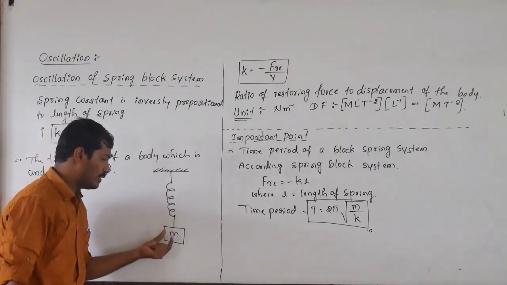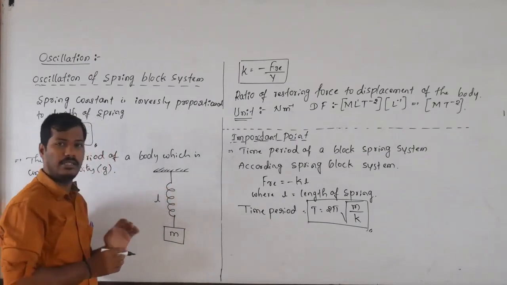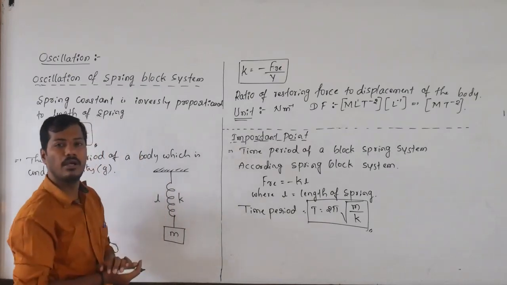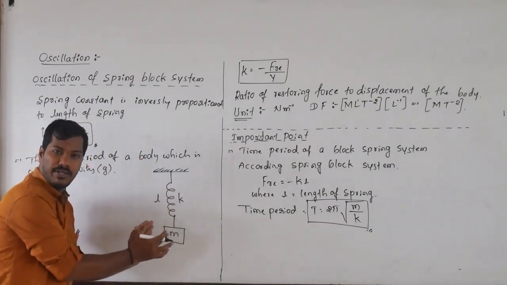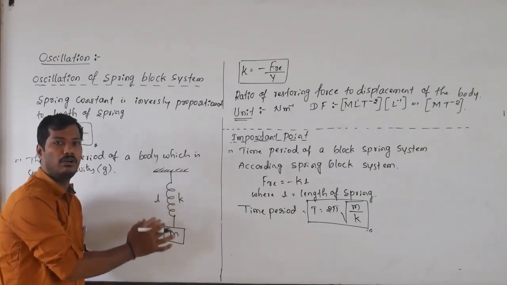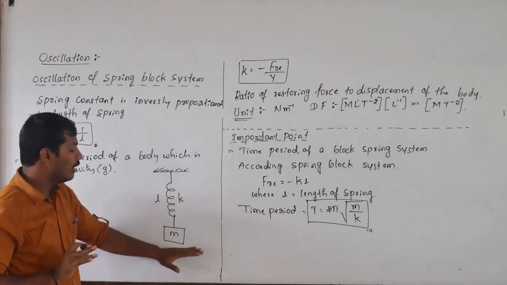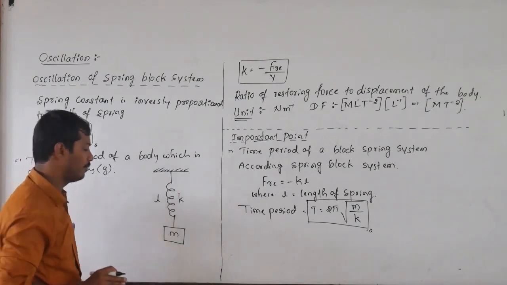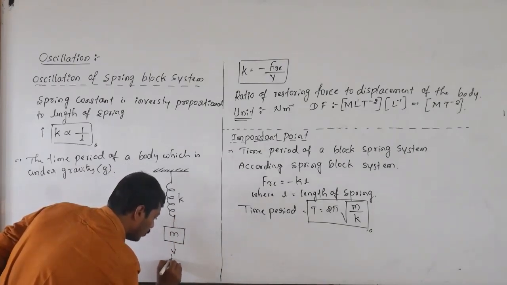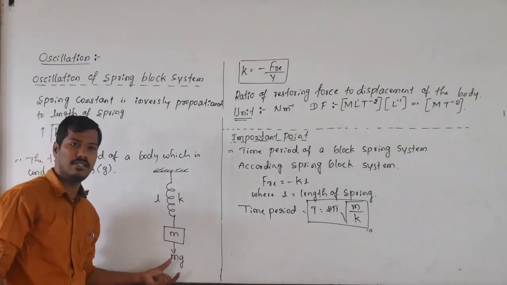Now, this spring length, call this L, and the spring constant is K. When it is hanged freely, it is always moving downward because of the weight of the body, due to gravity. It is always directed towards the ground. That is because of the force mg.